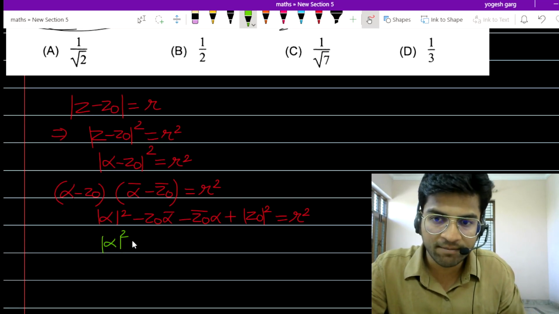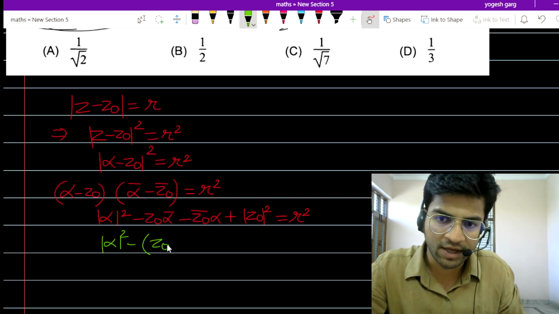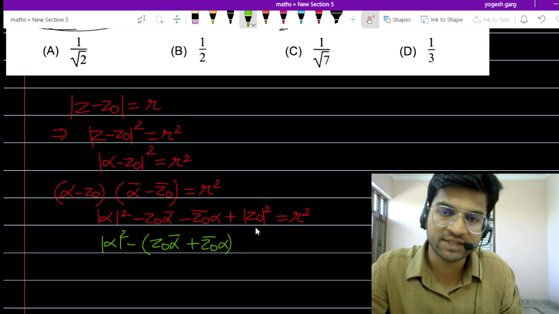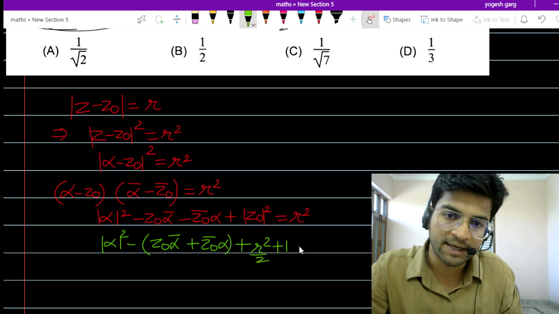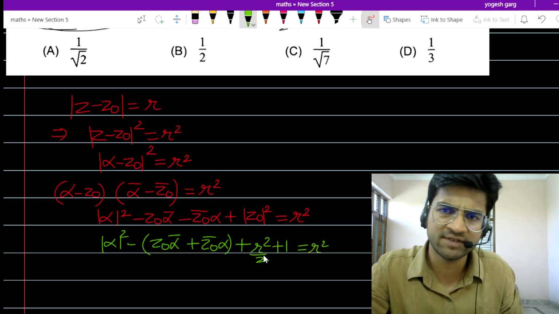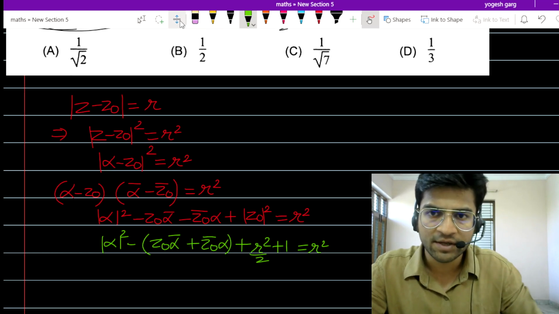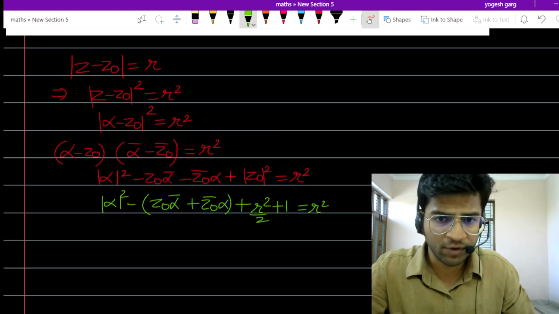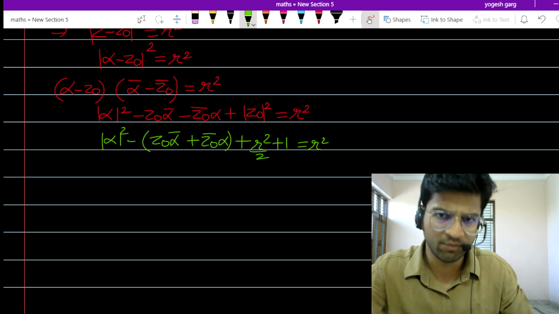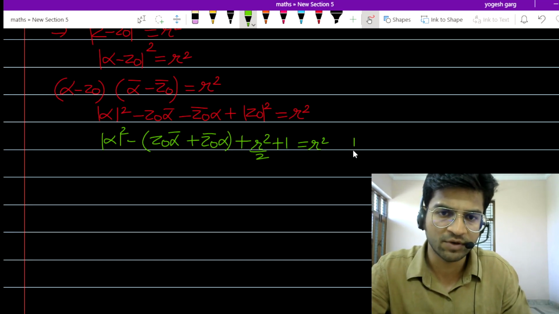Mod alpha square, take minus common, z naught alpha conjugate plus z naught conjugate alpha, and this is plus mod z naught square, which is r square by 2 plus 1, is equal to r square. This I have done just to simplify this, right? So first we have this thing, we'll move on further. This is the first equation, we'll simplify it later on.